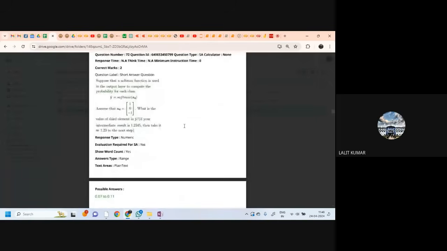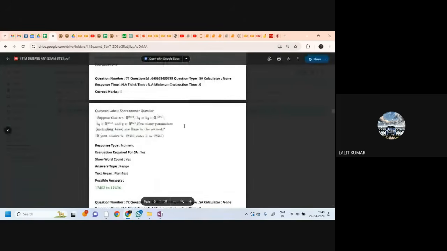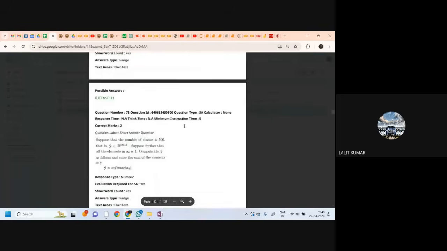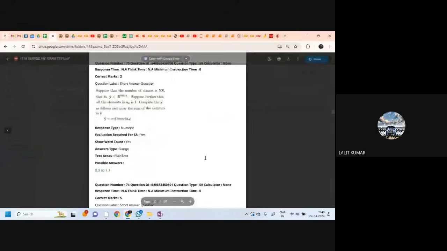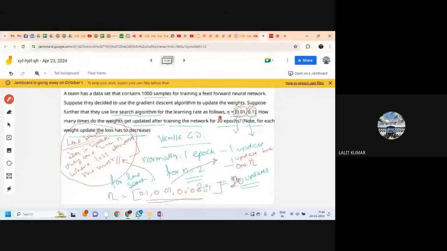What is the value of the third element of y hat? Enter the sum of the elements of y hat. So 1 by 500, 1 by 500, उसका फिर तो हम 500 सॉफ्टमैक्स निकाल के, enter the sum of the elements in y hat. इसको निकालेंगे? What is the understanding of this question?